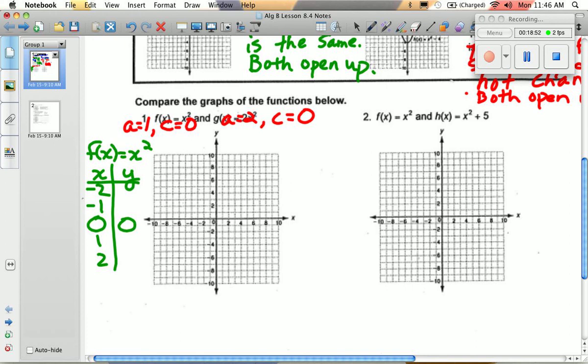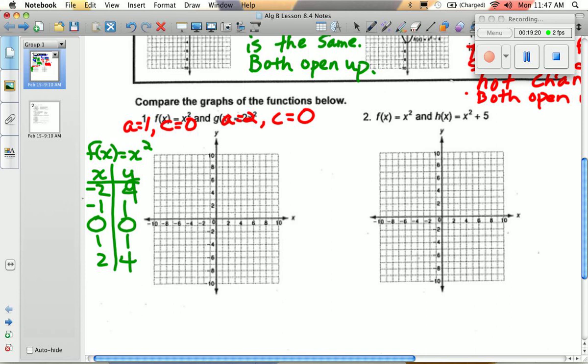So negative 2 times itself, what is that? 4. Negative 1 times itself, 1. 0 is 0. 1 times itself, 1. 2 times itself, 4. There's our reflective, symmetric behavior.